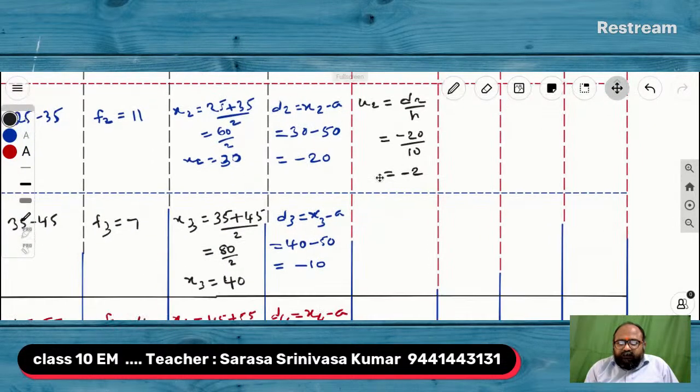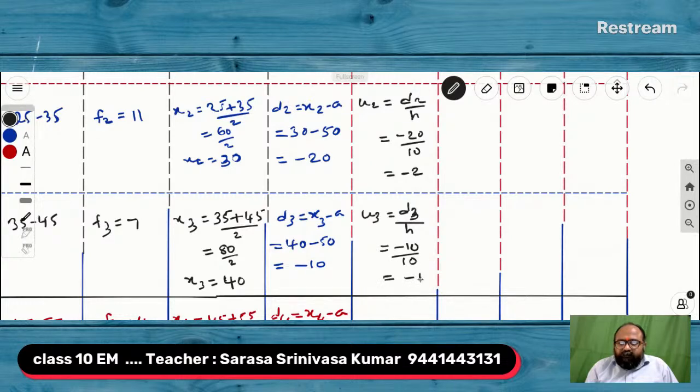Next we calculate U3. U3 equal to D3 by H, that equal to minus 10 by 10.